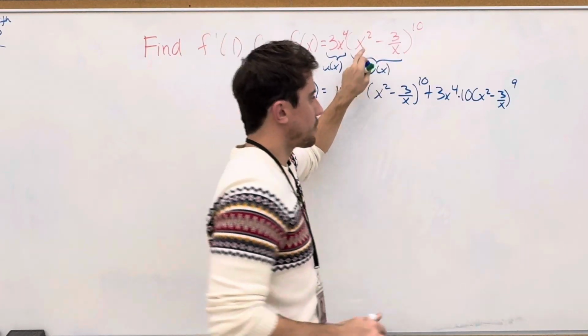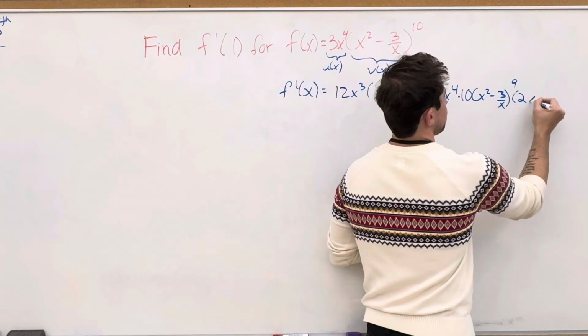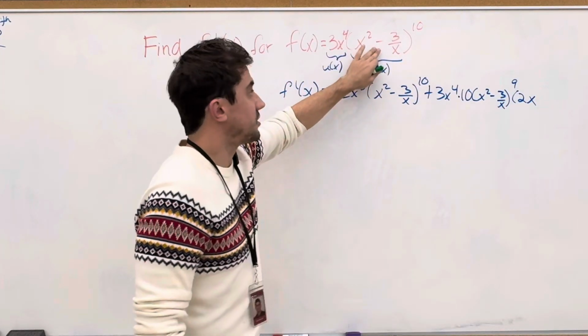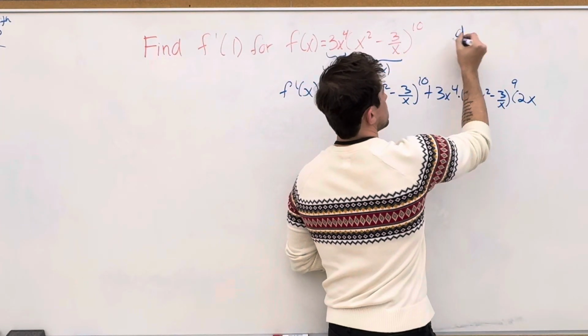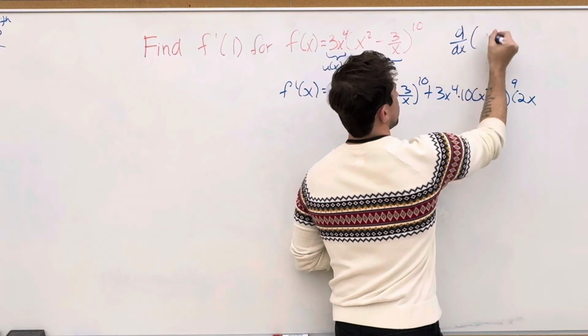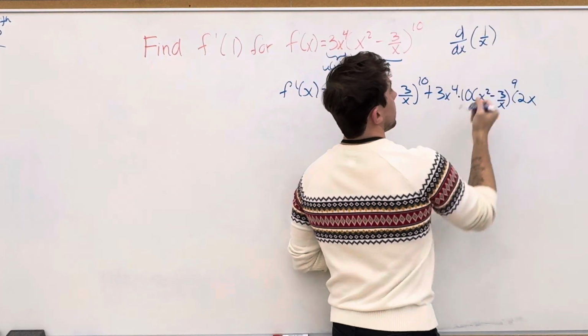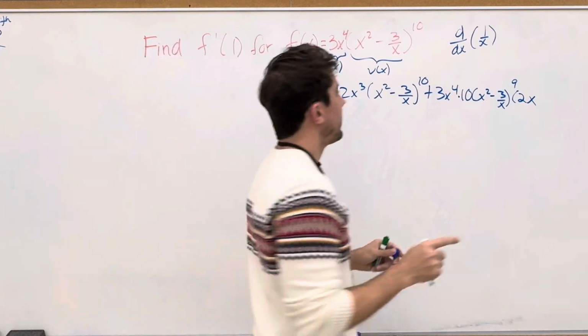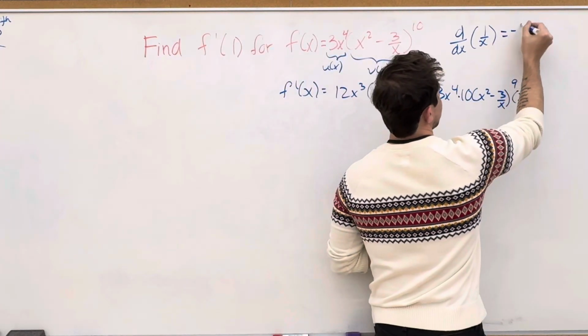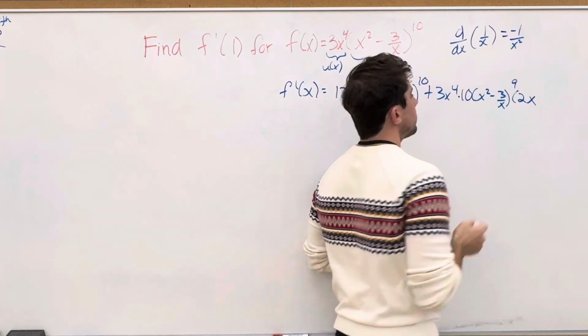The derivative of x squared is 2x, and the derivative of 1 over x, I'll make that a side note, I'll remind you 1 over x can be expressed as x to the negative 1. And if we differentiate that, we get negative 1 over x squared, right?